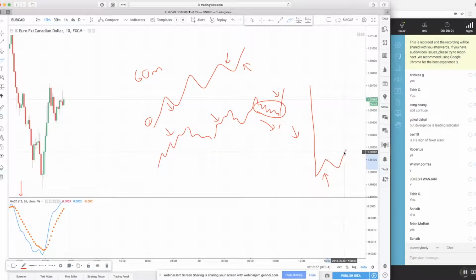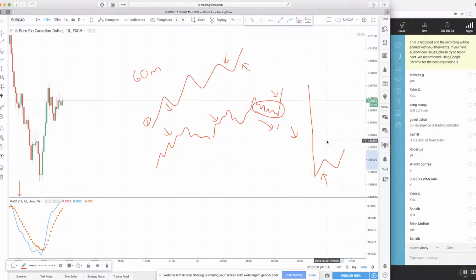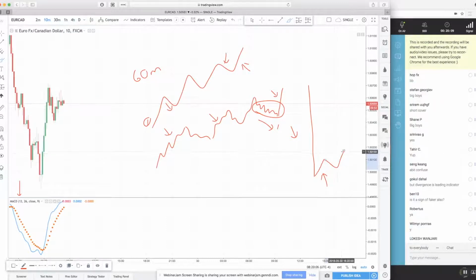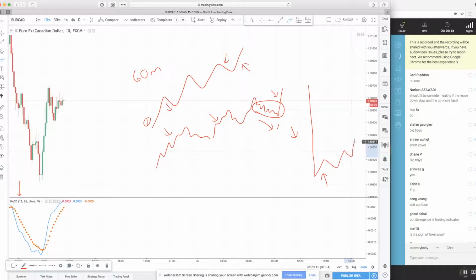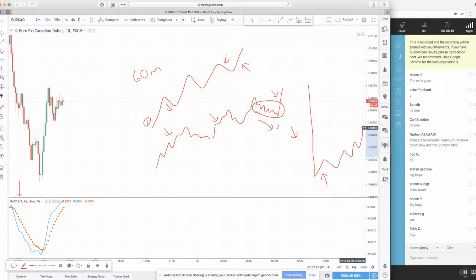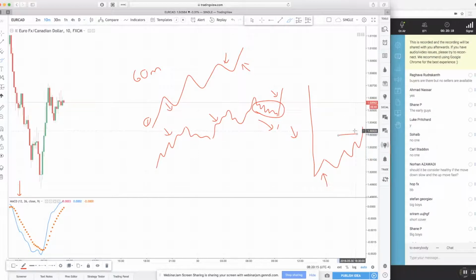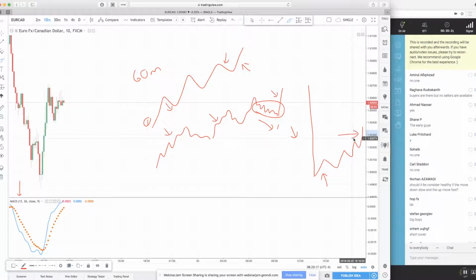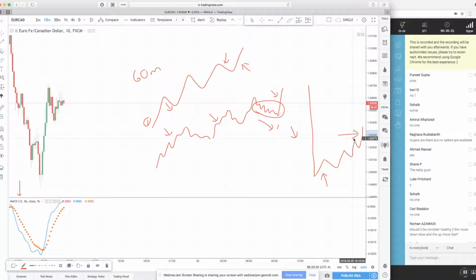Some people buy it. In fact, some of the sellers start to get stopped out, thinking, hey, this is supposed to go down more, why is it not going? They get stopped out. And when prices start to go higher and higher, more aggressively, the public starts to buy it. This is what we call the dumb money. It's almost like the trapped traders are now jumping in at the very end of the move.